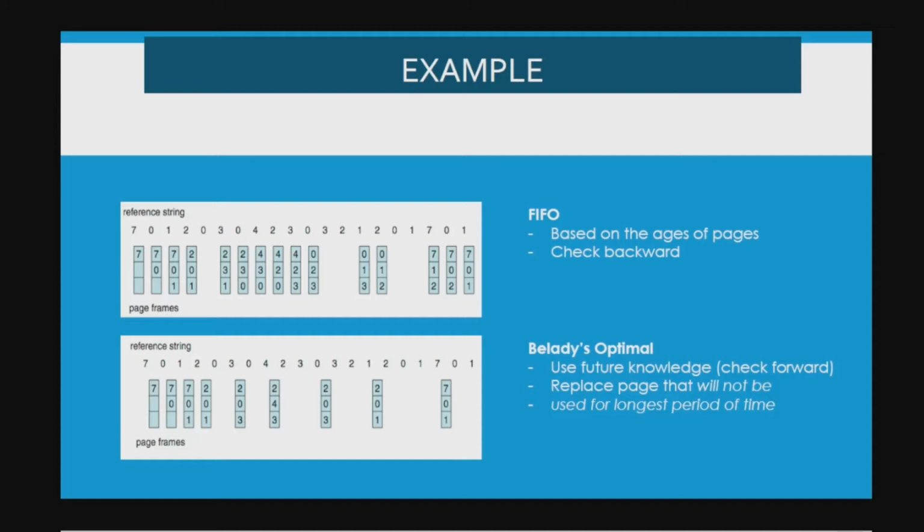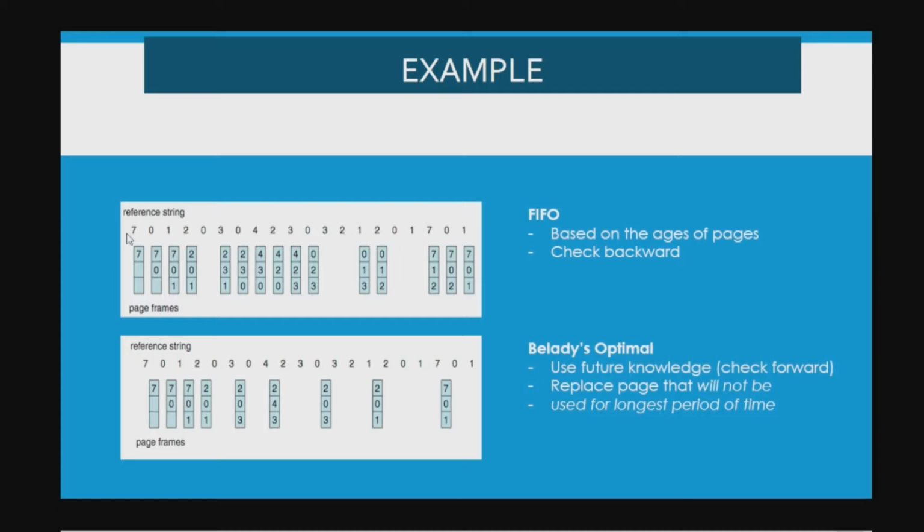Okay, this is an example. We have three algorithms: FIFO, Belady's Optimal, and LRU. The reference string given and used in this example is 7 0 1 2 0 3 0 4 2 3 0 3 2 1 2 0 1 7 0 1.